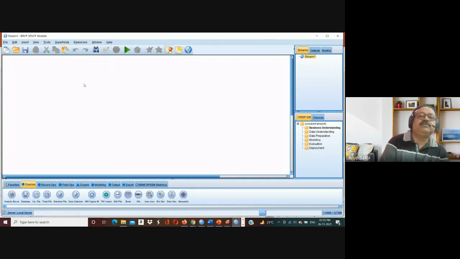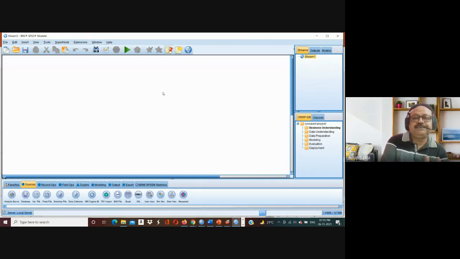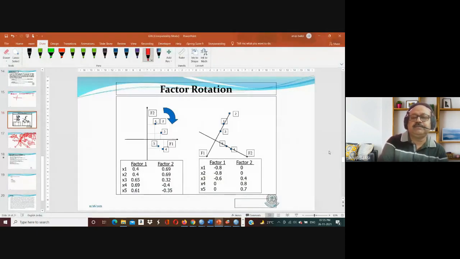This particular SPSS platform creates a chain of nodes to execute a particular operation. If I get time, I will give you a brief demonstration of IBM SPSS Modeler.